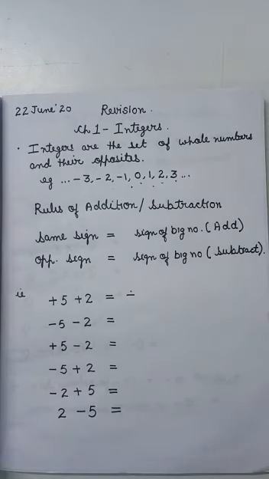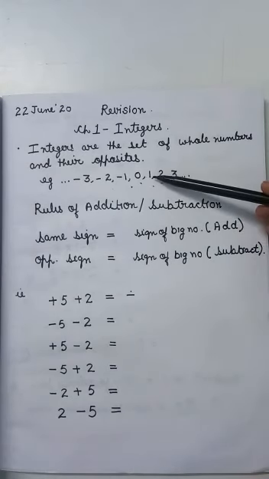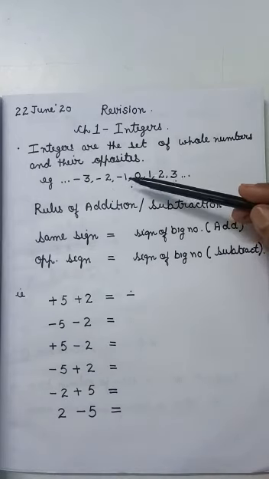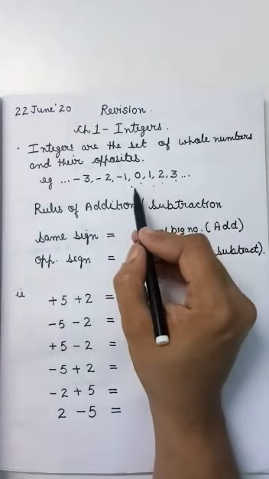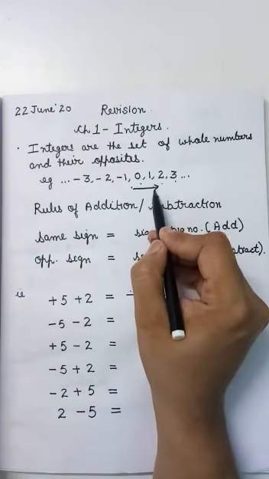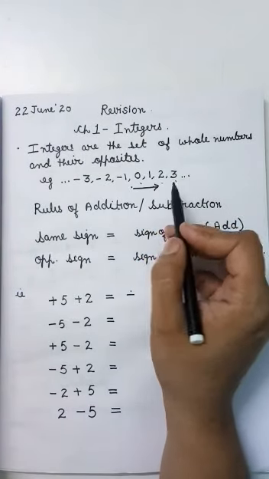Get it everyone? Now see here class, the 1 is the smallest positive integer, but -1 is the greatest negative integer. Class, as I told you earlier, as we go towards the right direction, the value becomes greater.